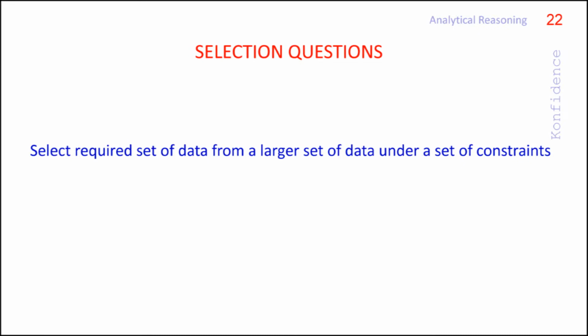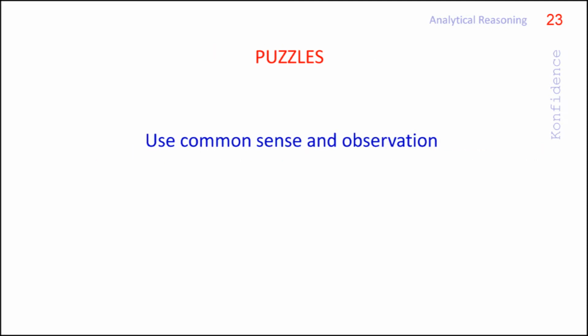You have to select required set of data from a larger set of data, again under set of constraints. Puzzles are the kinds of questions where you use your common sense and observation to answer the questions. These are the kinds of questions that we used to solve in comic books in our younger days.